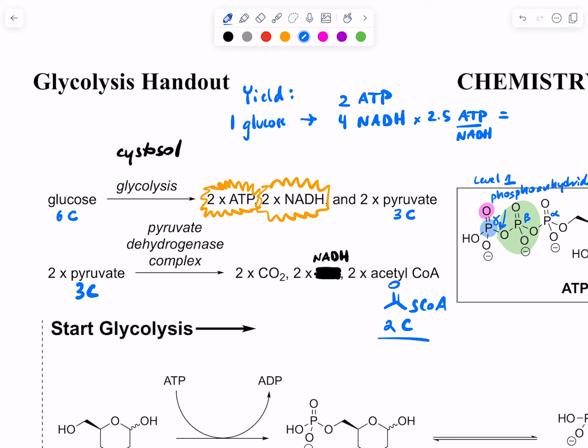That is, oh brother, 4 times 2.5, that's 10. So overall, from glucose through acetyl-CoA, we get 12 ATP. TAs, you want to check that? Does that sound roughly okay? I'll look it up again, see if I did something wrong.